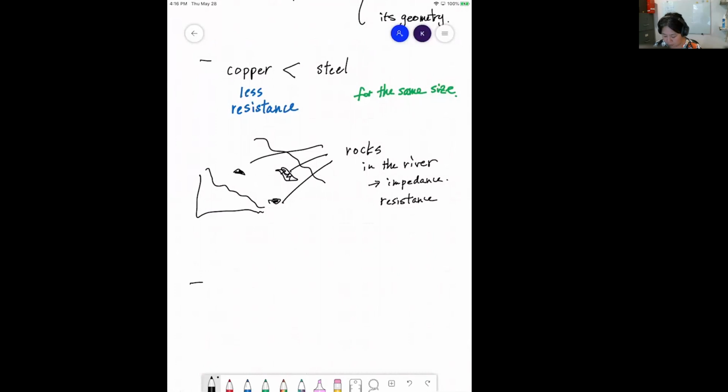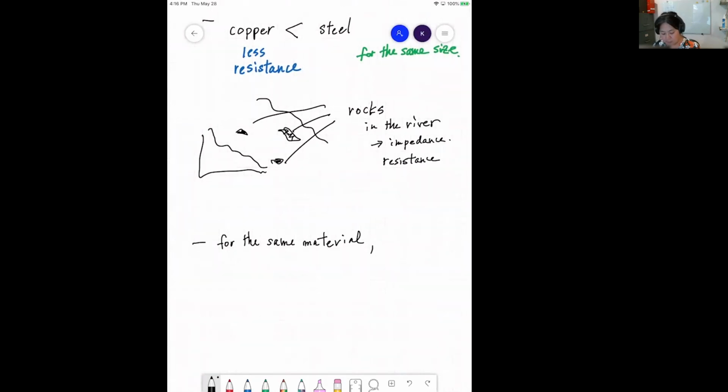How about for the same material? Imagine you have a longer wire. The river has to go through the rocks over a longer distance, say 1 meter versus 2 meters.